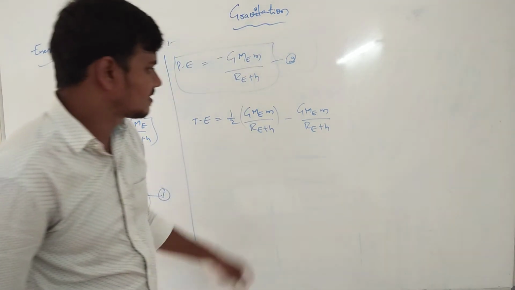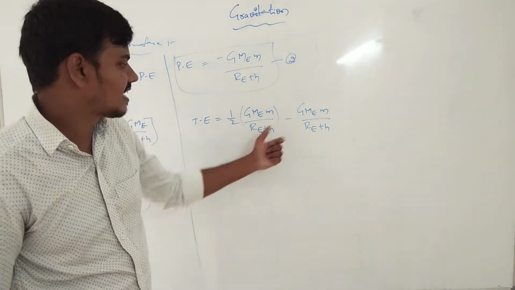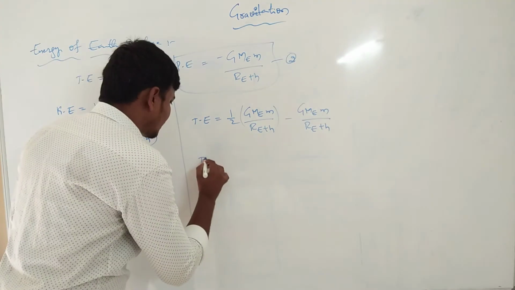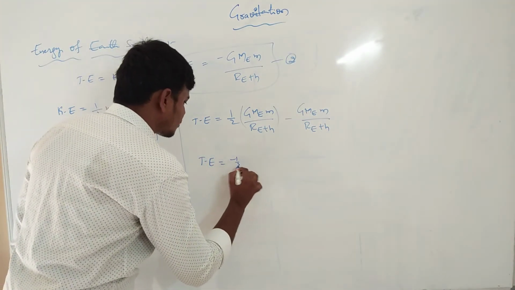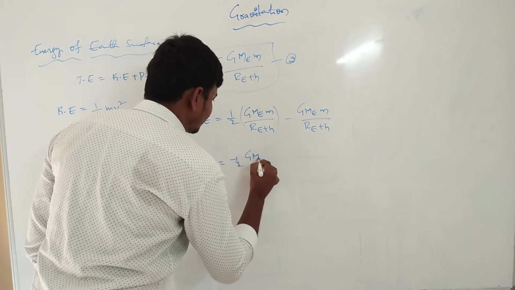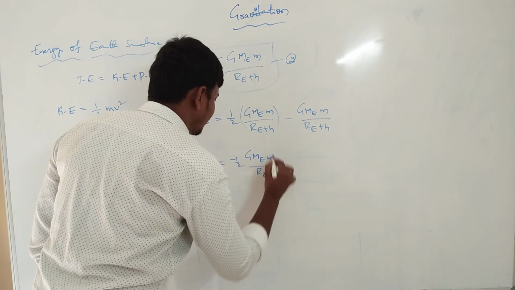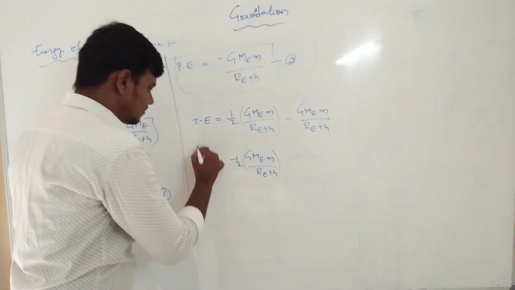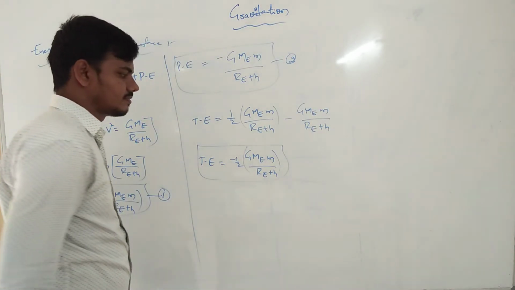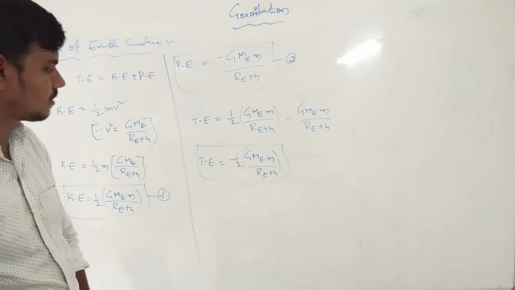There are two equations. This is the full of the energy, this is the half of the energy you can take. Now total energy is equal to minus 1/2 G M / (R_E + H). This is the total energy.